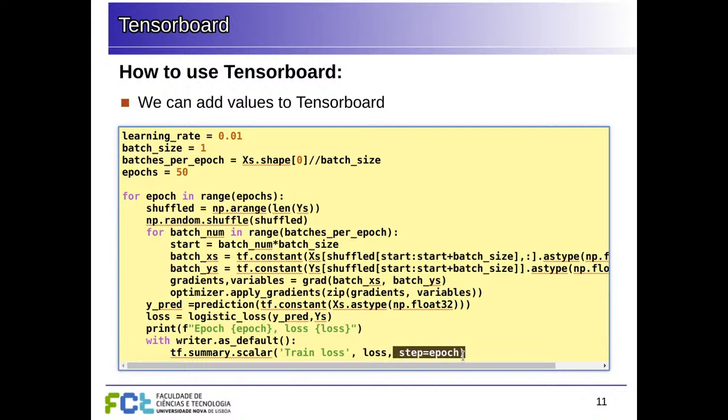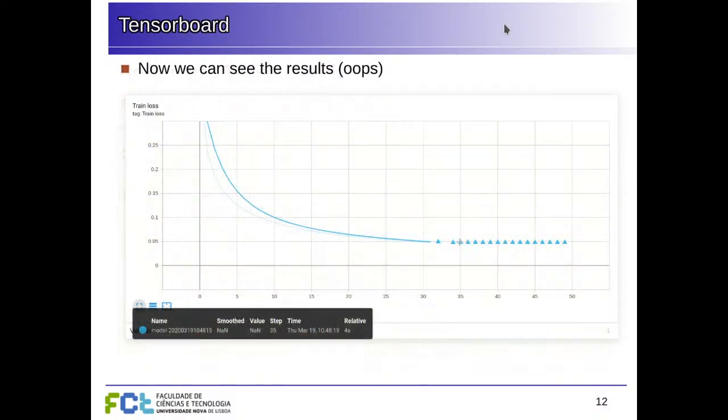The step is important because then TensorBoard can plot the variation of these values, and it will put one point at the corresponding step. So the step in this case is simply the epoch, so that we can see how the training loss is changing over the epochs.